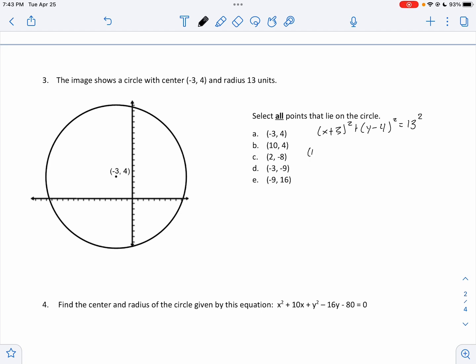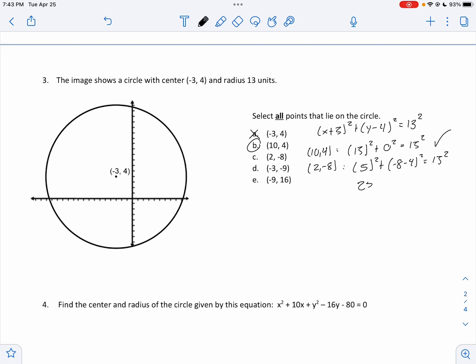So the point 10, 4: if we plug in 10, we get 13 squared plus 0 squared equals 13 squared, and that is certainly true. So B is on the circle. If we plug in 2, negative 8, we get 5 squared plus negative 8 minus 4 squared equals 13 squared.